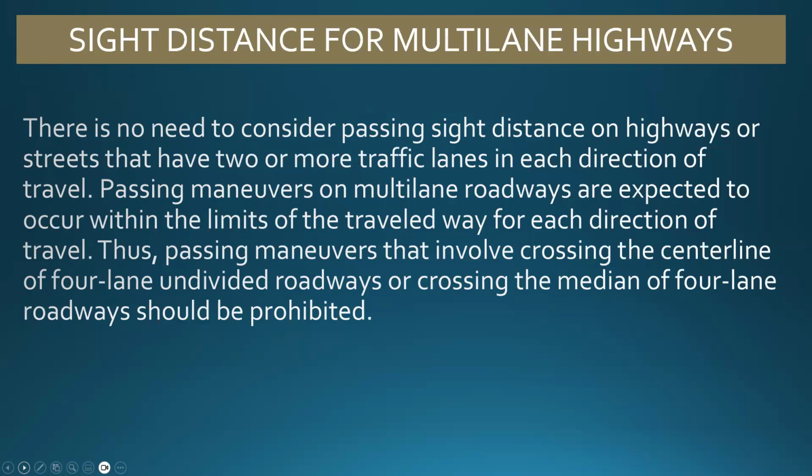So if you want to overtake, you'll just use the lane that is reserved for your direction. Passing maneuvers that involve crossing the center line of four-lane undivided roadways or crossing the median of four-lane divided roadways should be prohibited.